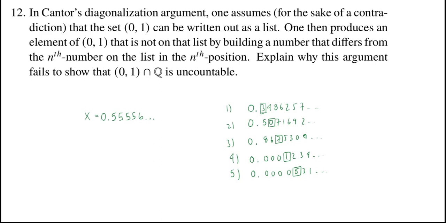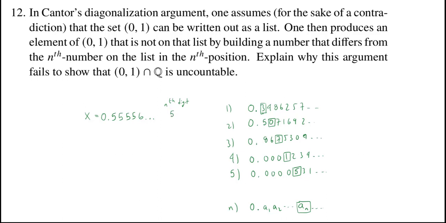Why not? Well, if it was in the list, then it would have to show up somewhere. Maybe it shows up in the nth entry. But what does the nth entry look like? It's going to be 0 point stuff, so there'll be a first digit and a second digit and so forth. And then at some point you'll have the nth digit, and it'll keep going from there. But this is the one that we care about. If that nth digit is a 5, then in x, when I get to the nth digit, I'm going to put a 5 if this is not a 5, and a 6 if this is a 5, which means they're not going to be the same in the nth digit.